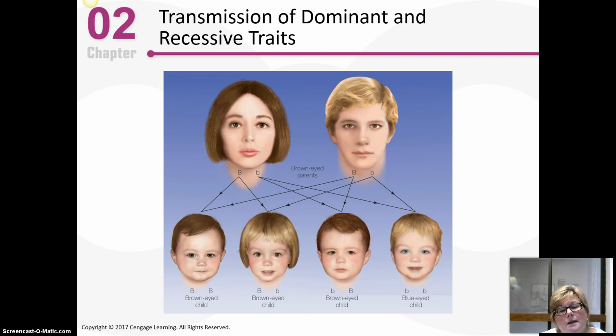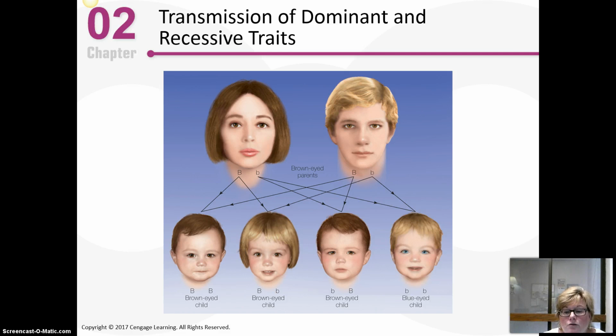So you'll see that the mother here had the dominant brown eyes, but she carried a recessive gene for blue eyes. And the father also, you can see in the picture, has brown eyes. He has the dominant brown but carries a recessive for blue.